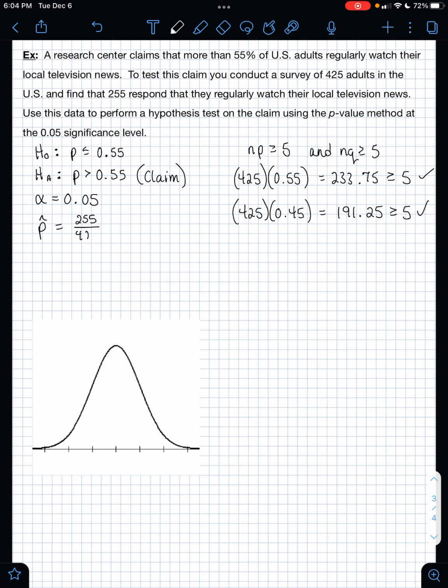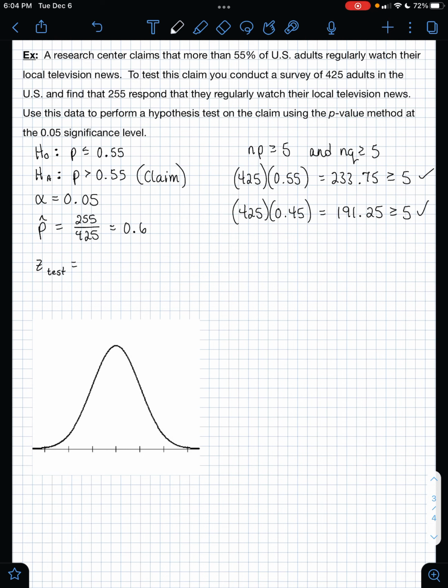So 255 out of 425. And that comes out to be a very nice 0.6. So that's good. From there, then, we can do our test statistic.